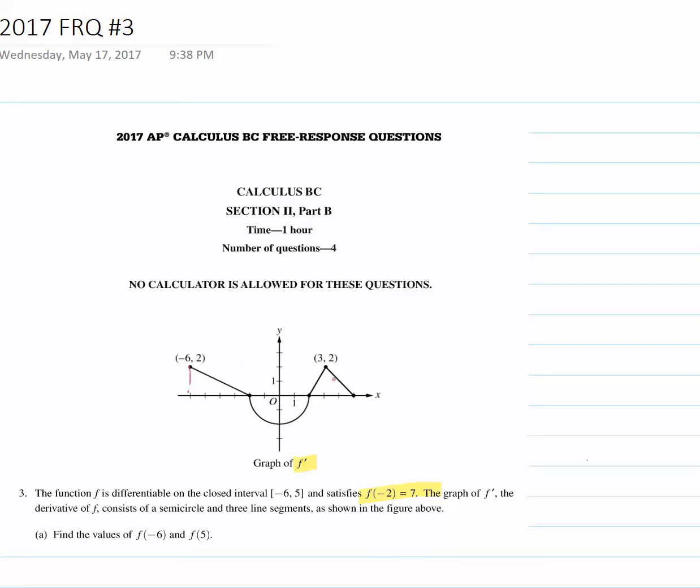So we can divide this into three sections. On the left side, the triangle, the area equals 1/2 times the base, which is 4, times the height, 2, and this gives us 4. Then the semicircle, we have 1/2 pi r squared, where r is 2, and this gives us the area equals 2 pi.